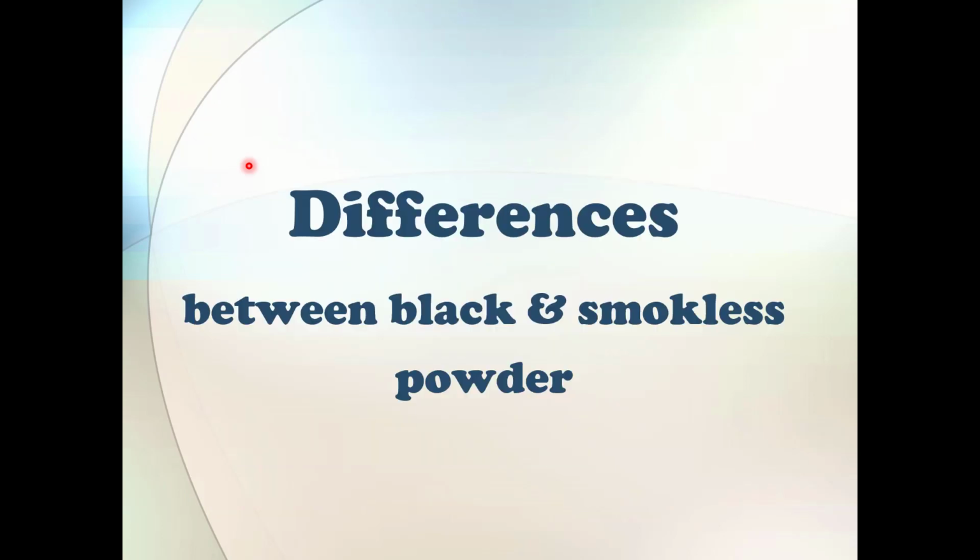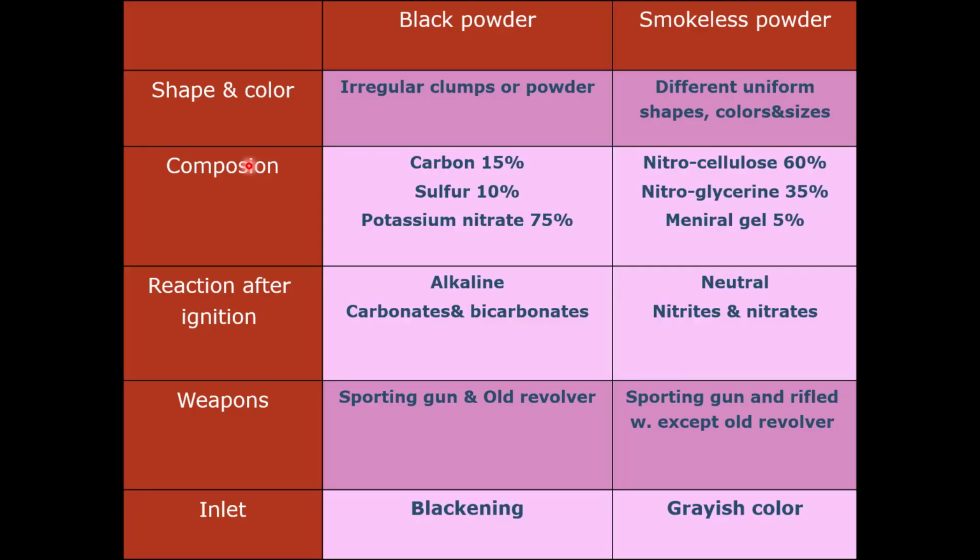What is the difference between black powder and smokeless powder? You remember that all the old-type revolvers have black powder, and some types of sporting guns. But smokeless powder is found in all rifled weapons except the old-type revolvers and some types of sporting guns.